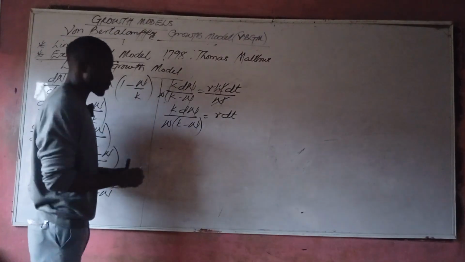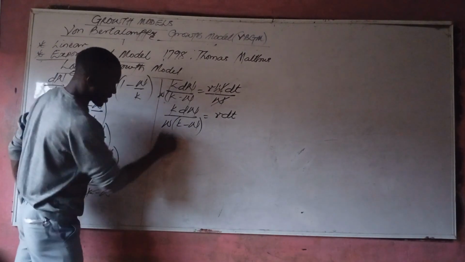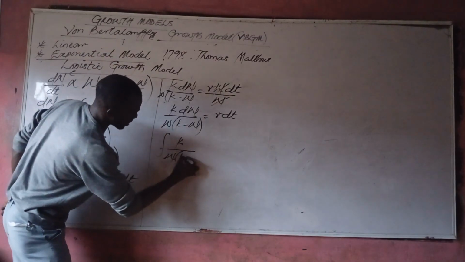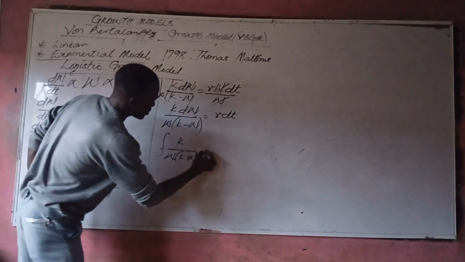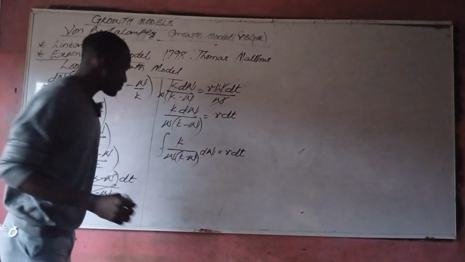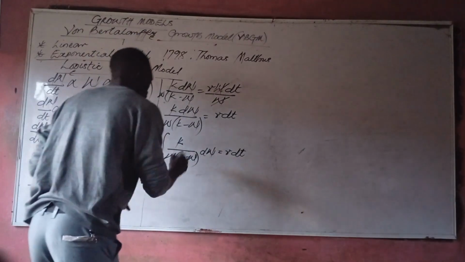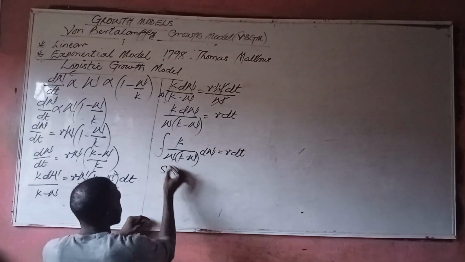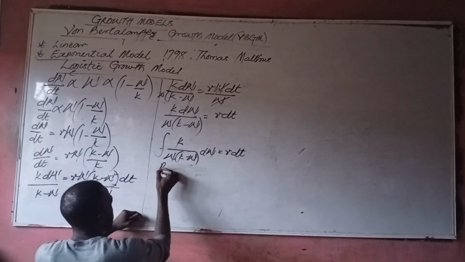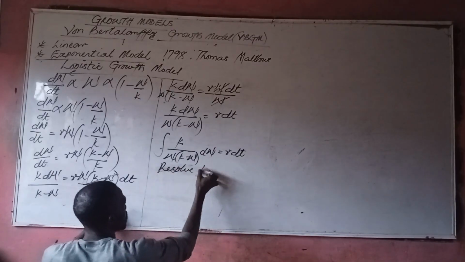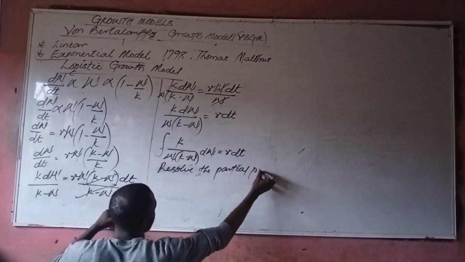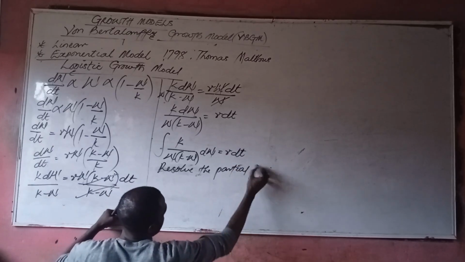So in order for it to look proper for integration, I'm going to have the integral of K over W into bracket K minus W dW equal to R dt. So from here, I can solve by partial fraction. That's how we write it: resolve by partial fraction on this side.